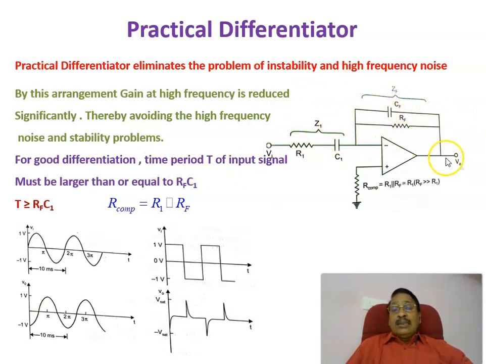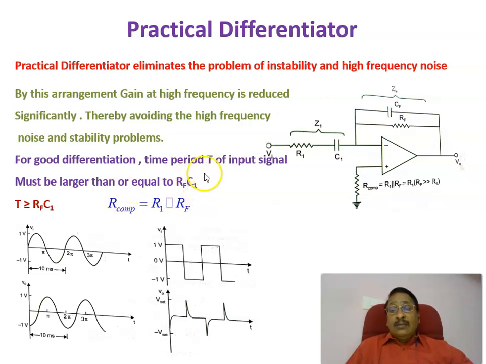Therefore, this is a practical differentiator in which, for a good differentiation, the time period of the input signal, that is the time period of the signal that is applied, should be much larger than or equal to this time constant, RF into CF. This time constant RF into CF must be larger than or equal to RF into C1.